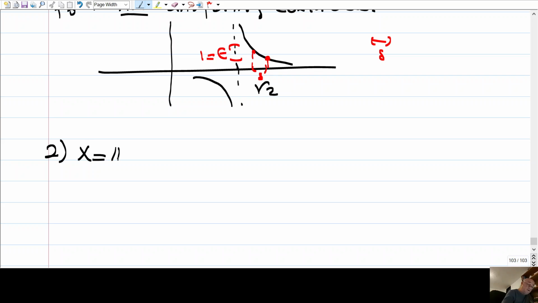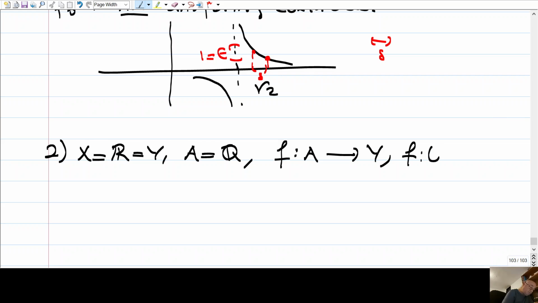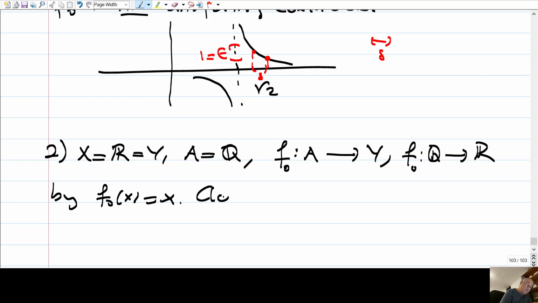So x and y again are the real numbers, and let's take A to be this, and let's consider this function from Q to y, which is R. So A to y, Q to R, f0 given by f0 of x is just x, just the identity function. It takes x to x. Clearly f0 is uniformly continuous.